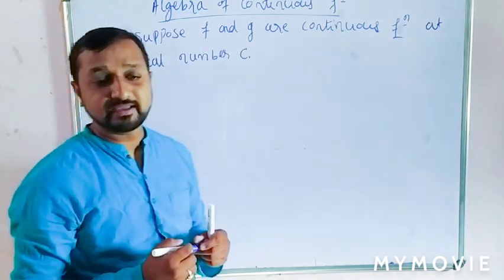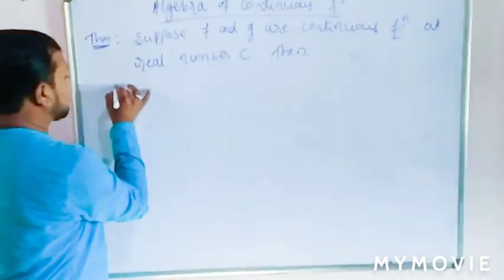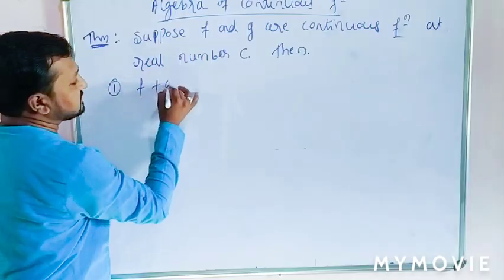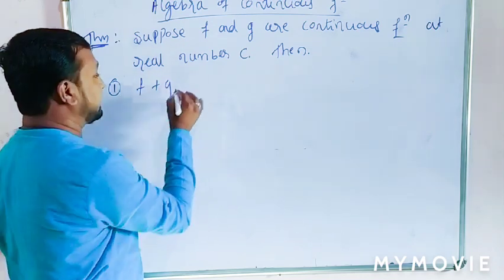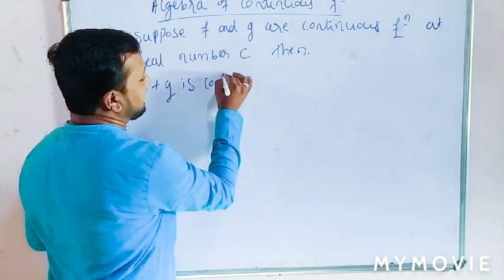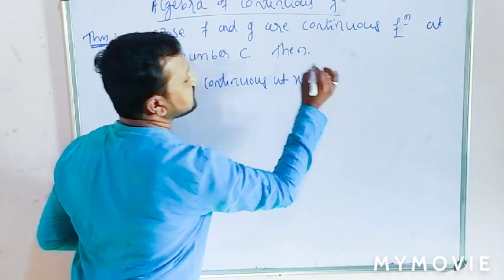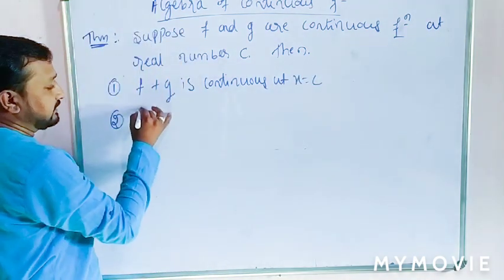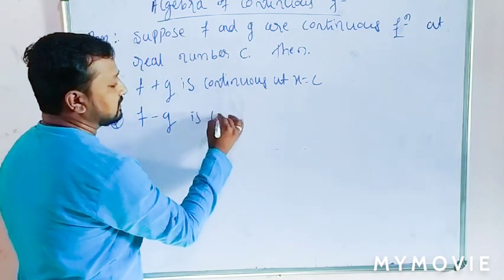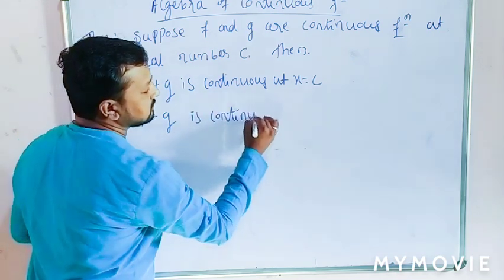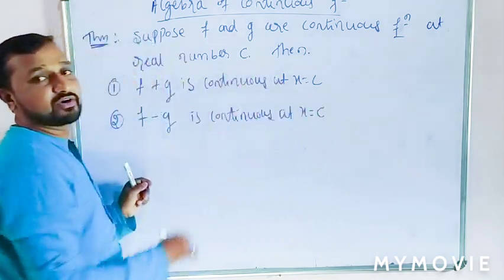Then, first, f plus g, the addition of these functions, is continuous at x equal to c, and second, f minus g, the difference between two functions, is also continuous at x is equal to c, that particular point.